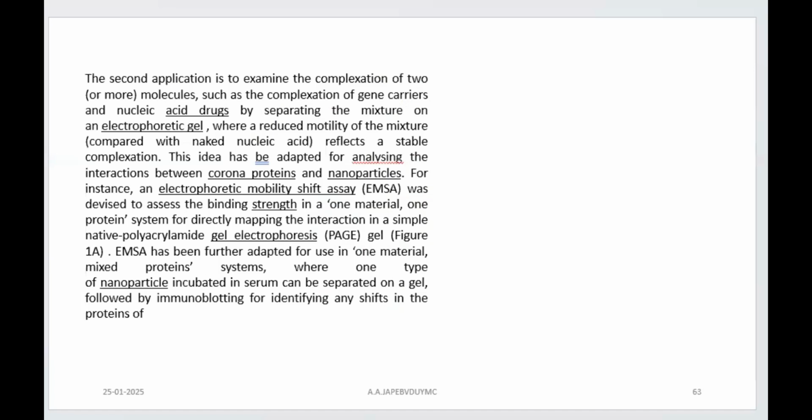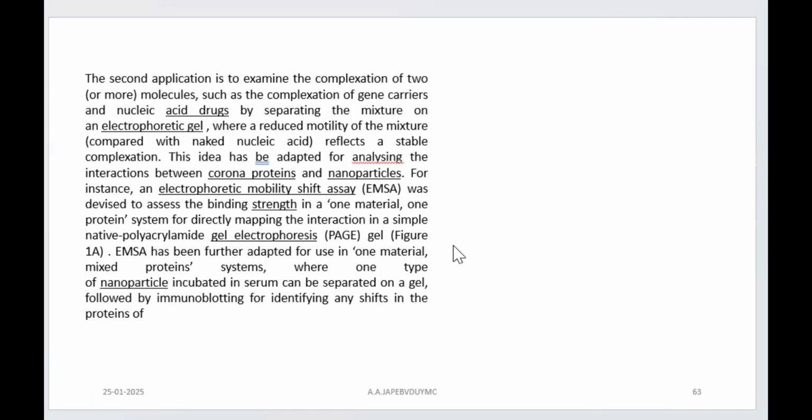Now when you are talking about various applications of electrophoresis, here is another one. A complexation of two or more molecules you can find out with electrophoresis. What is that? For example, if you have nucleic acid drugs and you want to separate the mixture on gel electrophoresis. So, if a protein is there and a molecule which is targeting that protein is there, it will interact with it.